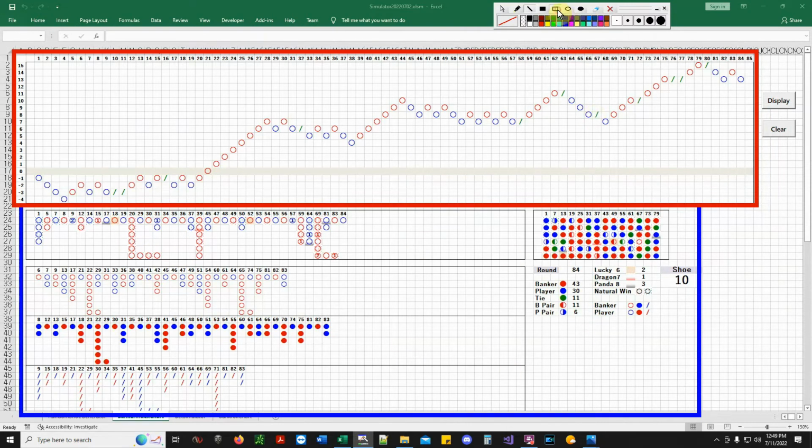Now, correct myself. I do like to look at banker player numbers. Right here, you see 73 total in this shoe. You got 43 bankers and 30 players. That's a big gap.